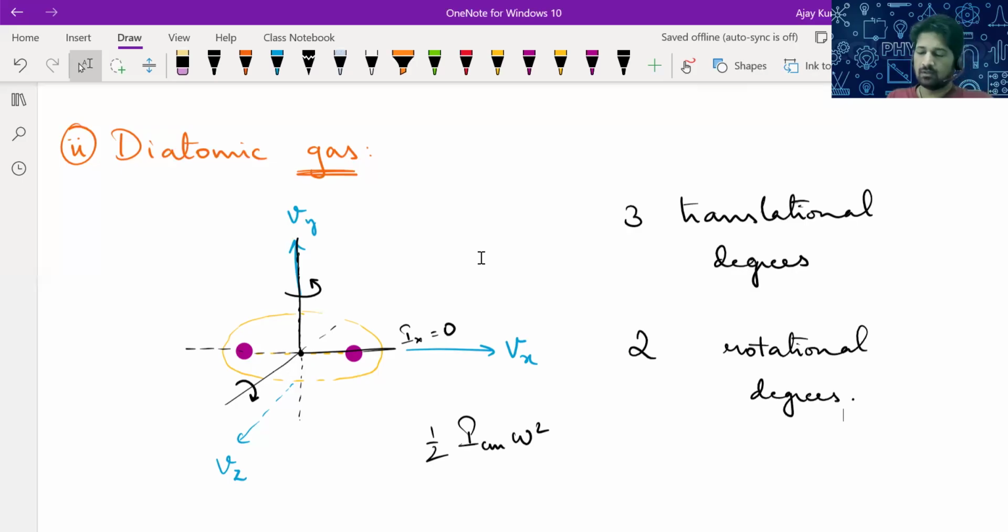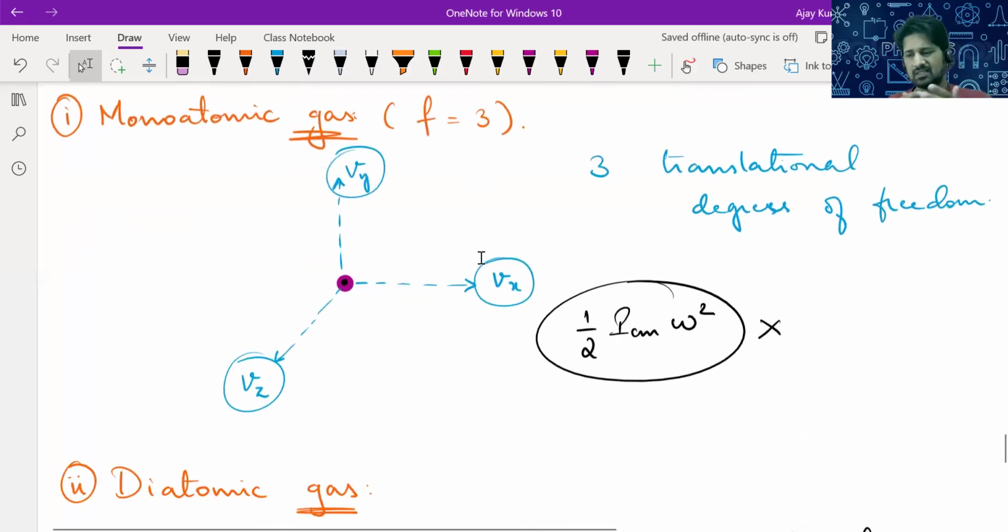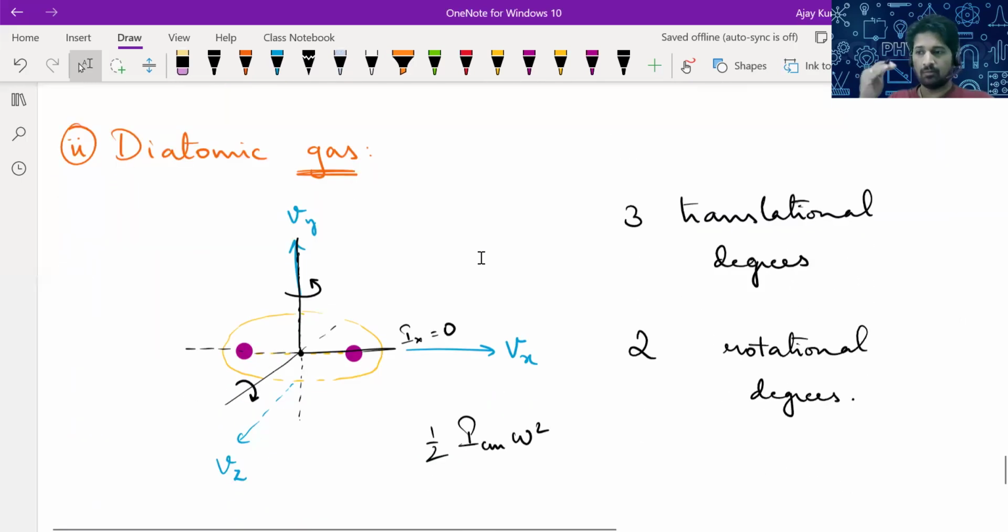Fine. What about potential energy? Now, potential energy arises when there is interaction. A monoatomic gas molecule does not interact with anything, but a diatomic gas molecule interaction is not there. Let it not be there, but within the molecule atom-atom interaction is there.